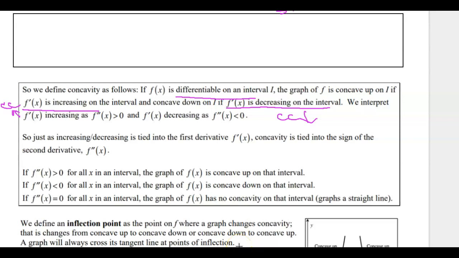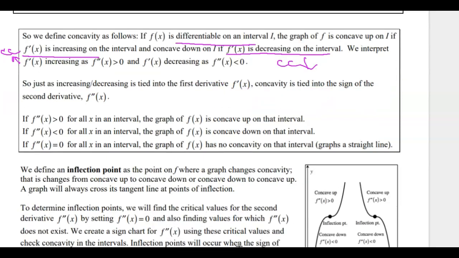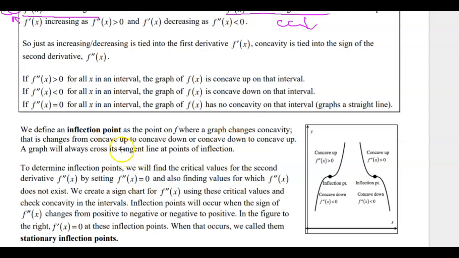If your second derivative equals 0, it means that you don't have any concavity at that point. It would have to be a straight line, diagonal, horizontal, it doesn't matter. By definition, an inflection point, we saw the word critical point, but an inflection point is where the graph changes concavity.